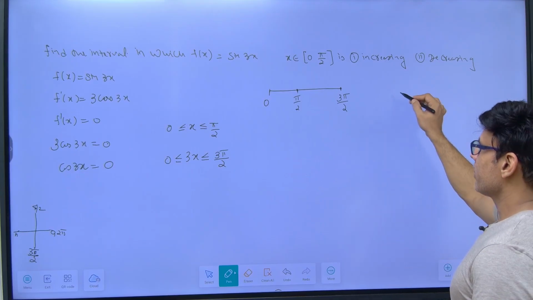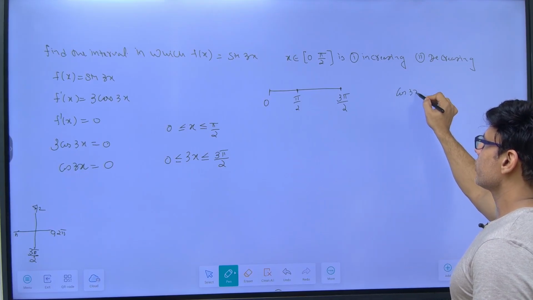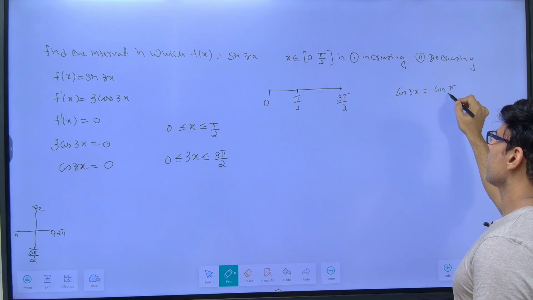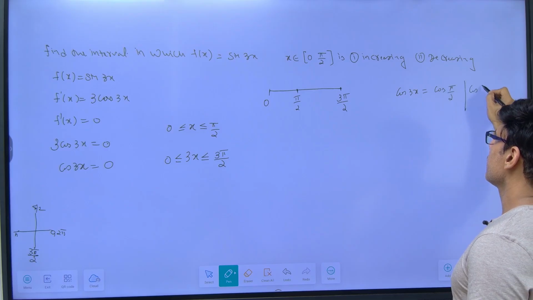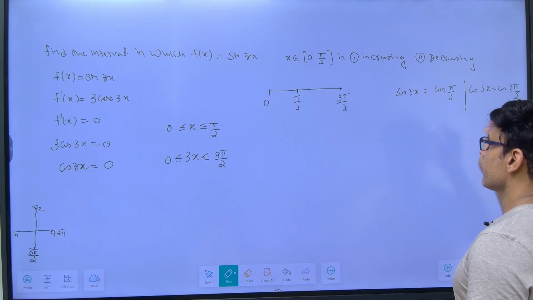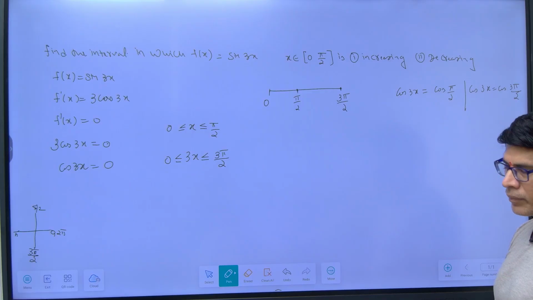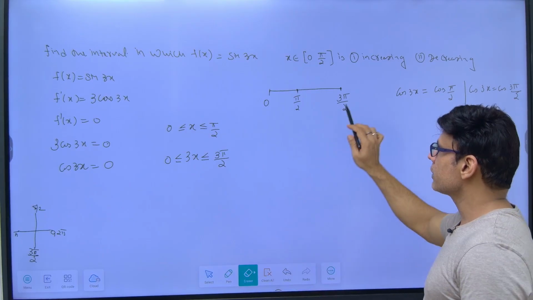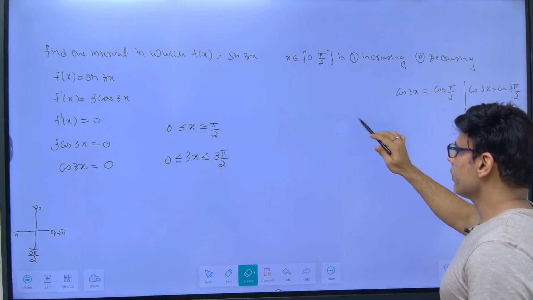Understand the meaning of that when I say cos 3x is equal to 0. Cos 3x is equal to cos pi by 2 and cos 3x is equal to cos 3 pi by 2. Right hand side, we have tried where it is 0. Just for your understanding, the interval we still have to find out.